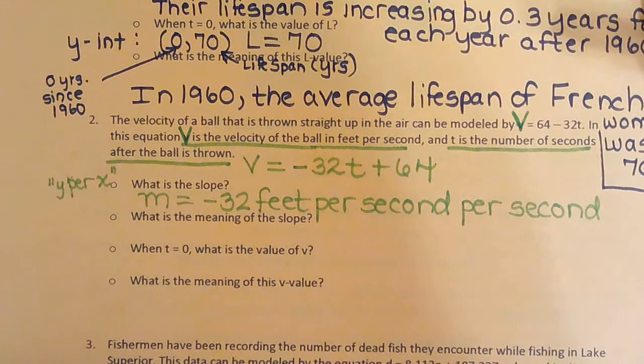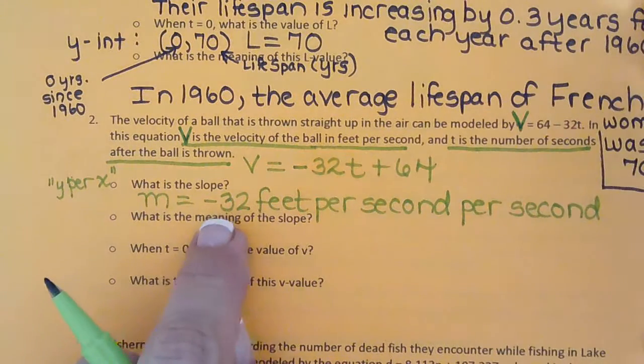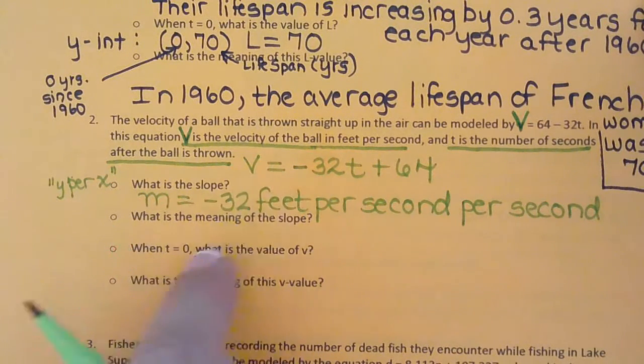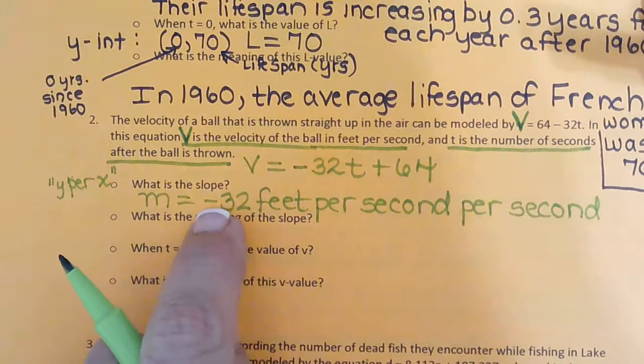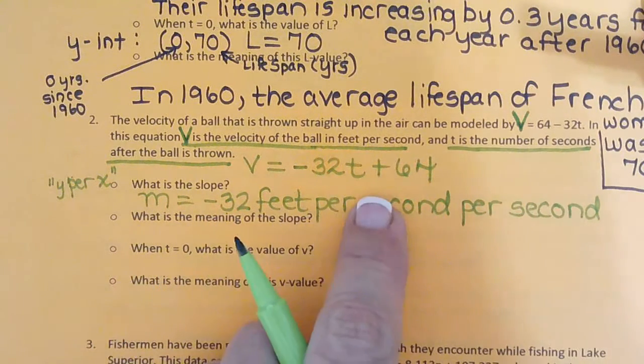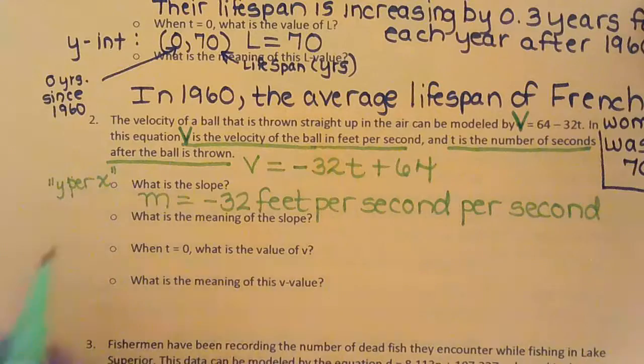So what is the meaning of the slope? So the velocity of the ball is, what's that mean? We can't say negative, so we could say decreasing. Is that a good word for it? So the velocity of the ball is decreasing by 32 feet per second per second.